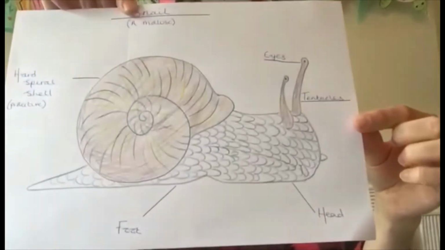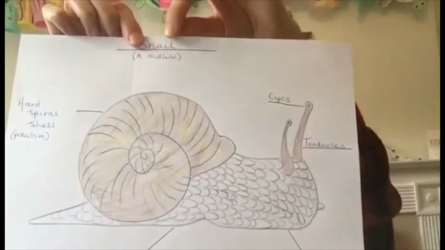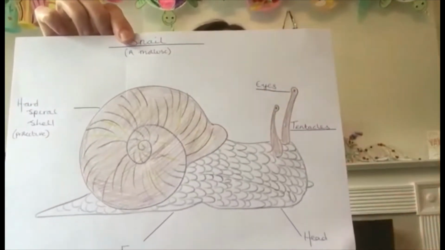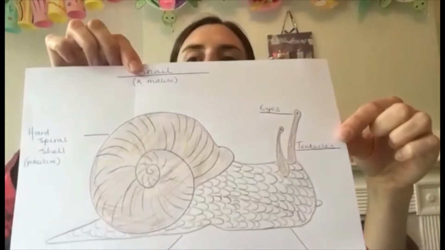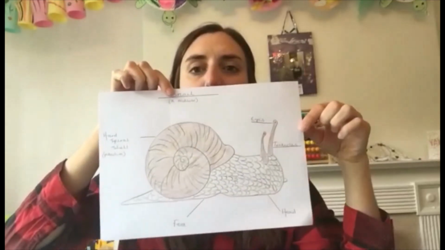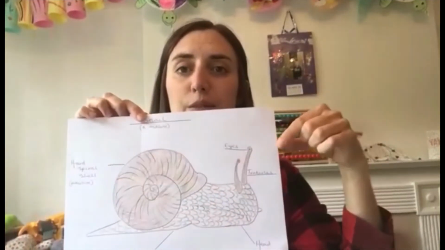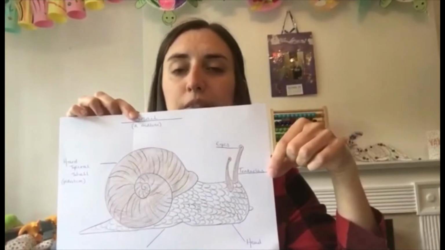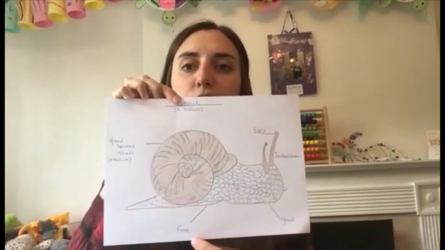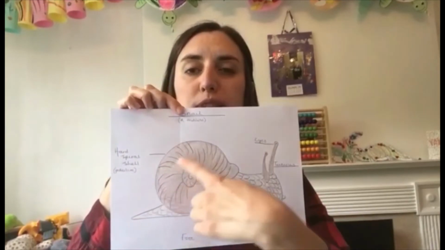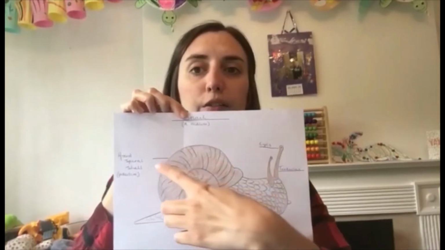But I've also then included a title, and then I've added round the outside some labels to show the different parts of my animal, of my snail. So I've got over here the eyes, the tentacles, the head, the foot, and the hard exterior shell, which is obviously very protective for the snail, over here.